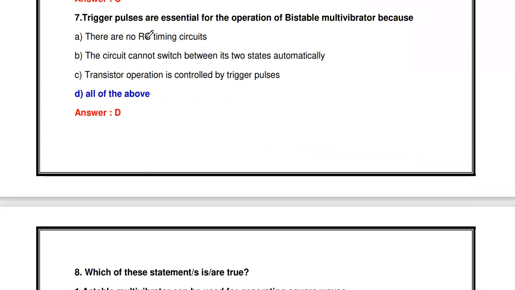Next one: trigger pulses are essential for the operation of a bistable multivibrator because of what reason? There is no RC timing circuit. The circuit cannot switch between two states automatically. Transistor operation is controlled by trigger pulses. All of the above. In bistable there is no RC timing circuit.